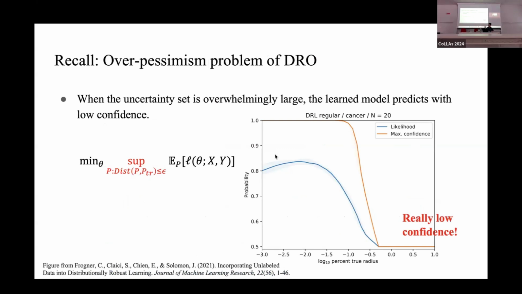As the radius of the ball becomes larger, we find the confidence of the DRO model approaches 50%. For a binary classification task, a confidence of about 0.5 means that the model refuses to make any predictions.